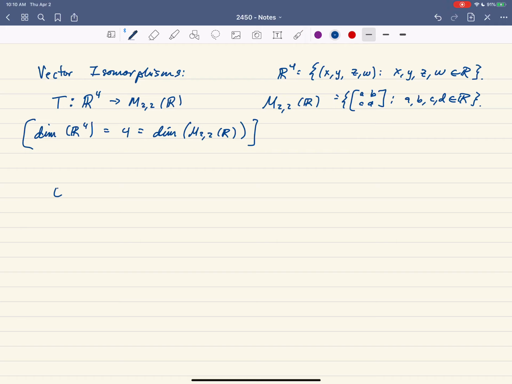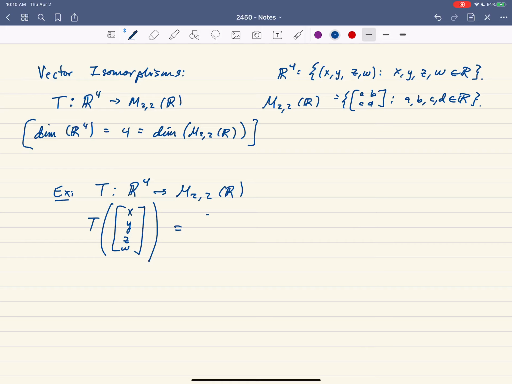So for example, if I were to take T going from R4 to M22, what we could do is take T of X, Y, Z, W, and there are lots of isomorphisms. All I really need is for there to be at least one isomorphism for these 2 vector spaces to be isomorphic, but it turns out that there are infinitely many.